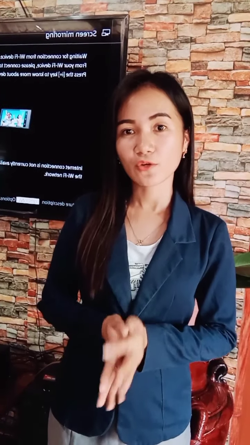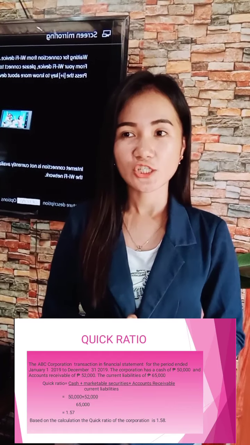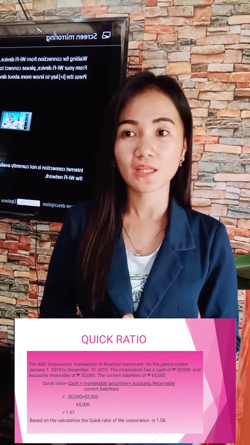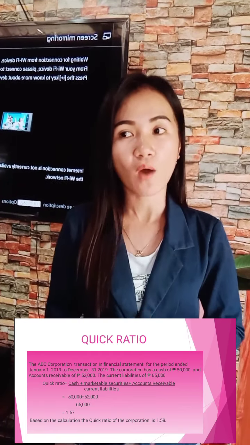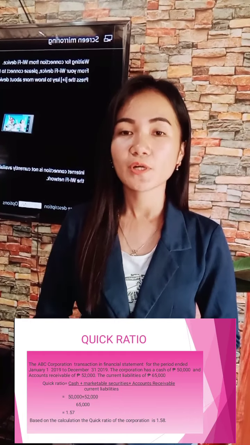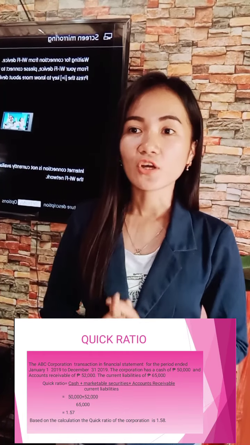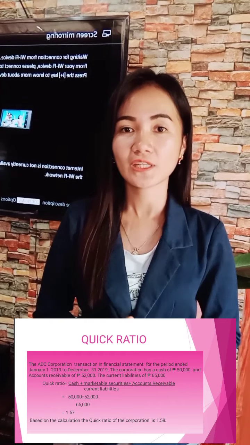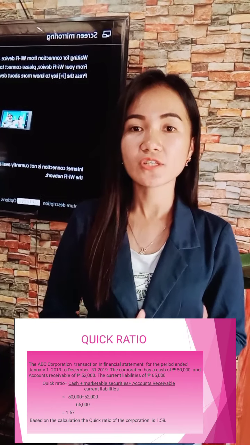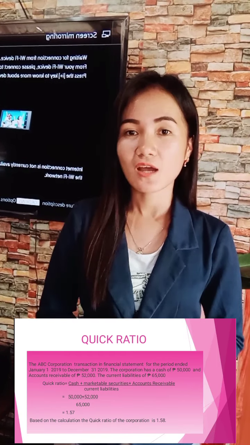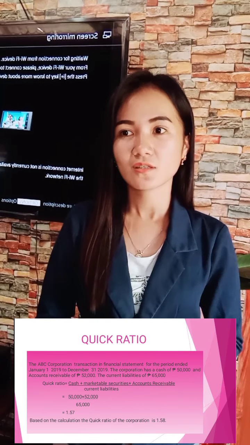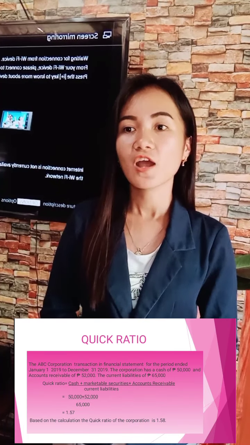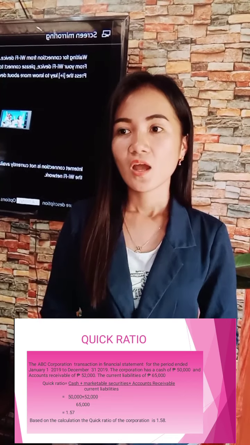And now for the quick ratio, the ABC Corporation transactions in the financial statement for the period January 1, 2019 to December 31, 2019. The corporation has cash of 50,000 pesos and accounts receivable of 52,000 pesos, and current liabilities of 65,000.